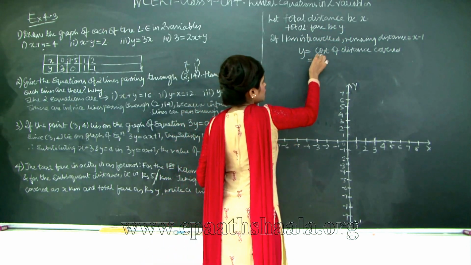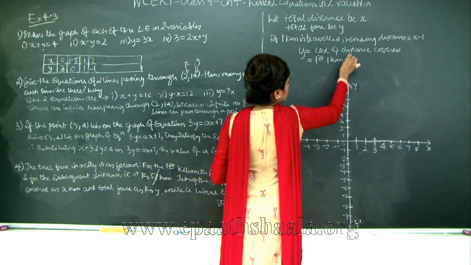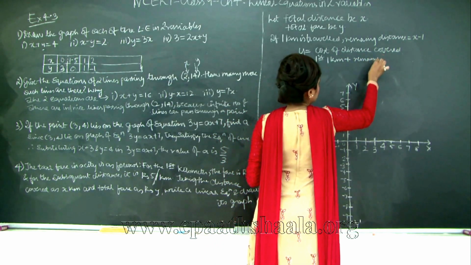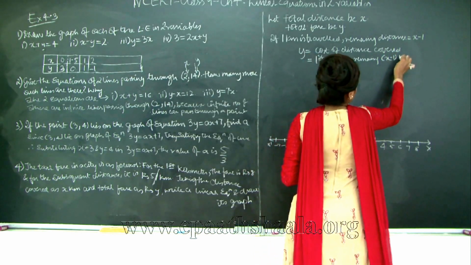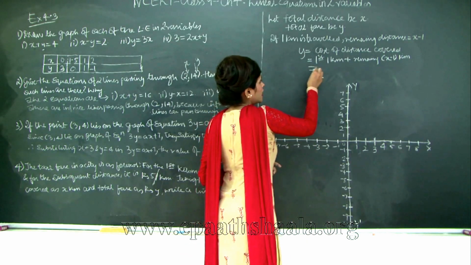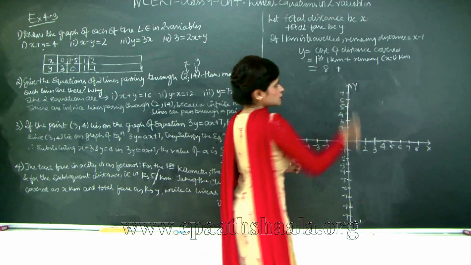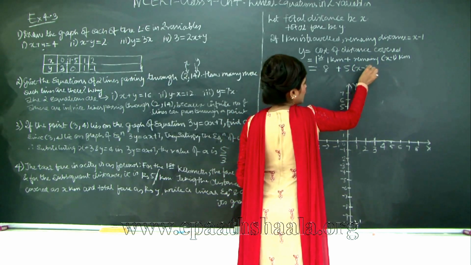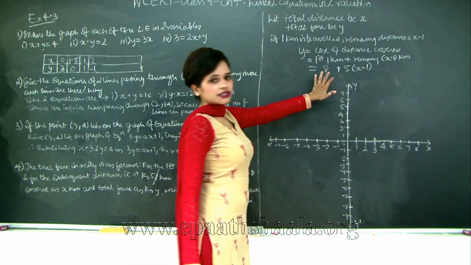So this is going to be the first 1 kilometer plus the remaining x minus 1 kilometers. So the first kilometer is charged at the rate of rupees 8, and the remaining x minus 1 kilometers is charged at the rate of rupees 5. So this will be 8 plus 5 into x minus 1.